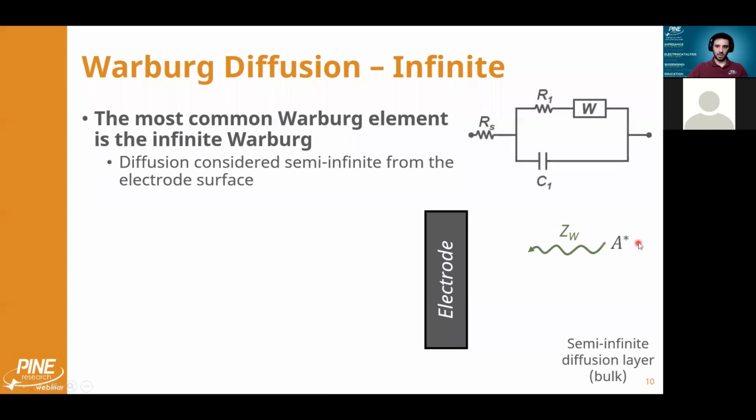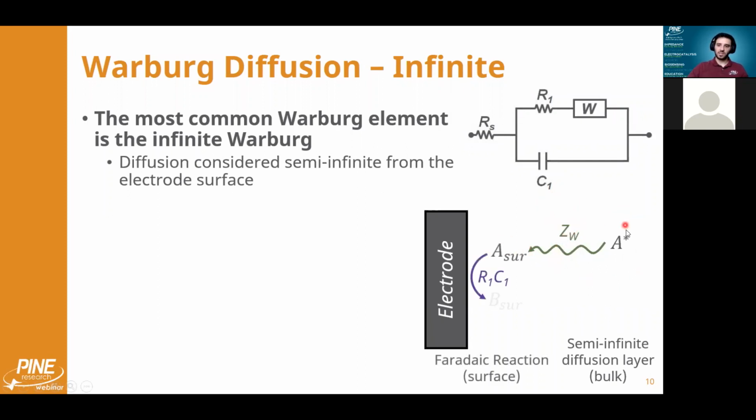It's on the order of nanometers or something even smaller, so even with a smallish volume of solution, the diffusional path length can still be considered in many cases infinite or semi-infinite, just because of the distance that the molecule has to diffuse compared to its size and the size of the electrode. So essentially we have diffusion in this semi-infinite bulk solution, and the impedance associated with that.